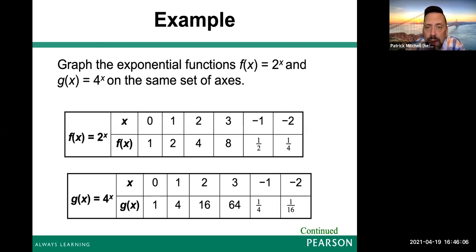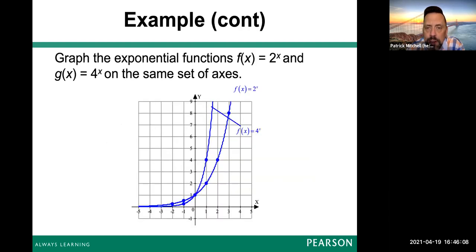And if you were to graph these two functions on the same set of axes, you would get something like this. The graph that is further to the right here is the graph of f of x equals 2 to the x. And this one here is the graph of g of x equals 4 to the x. So notice that both graphs pass through the point (0, 1).